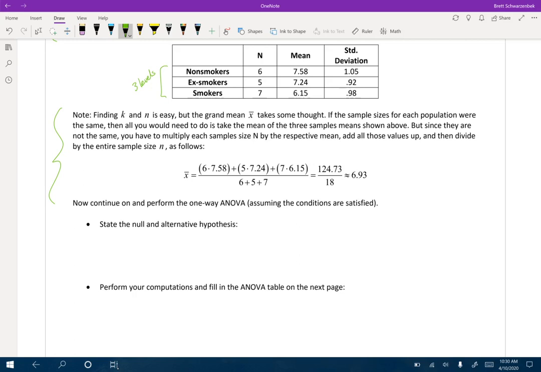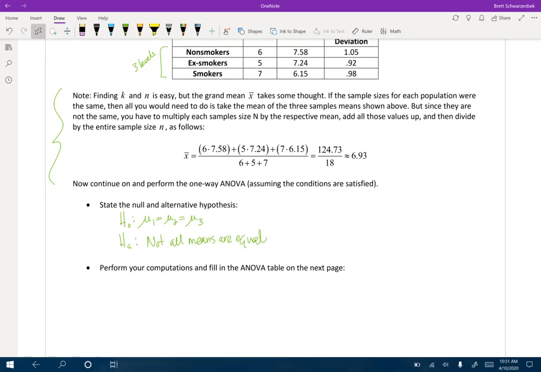So essentially, if we're going to make a null hypothesis, we know it's a statement of equality of 3 populations: non-smoking, ex-smoking, and smoking population. The alternative is always the same. It's not all means are equal.